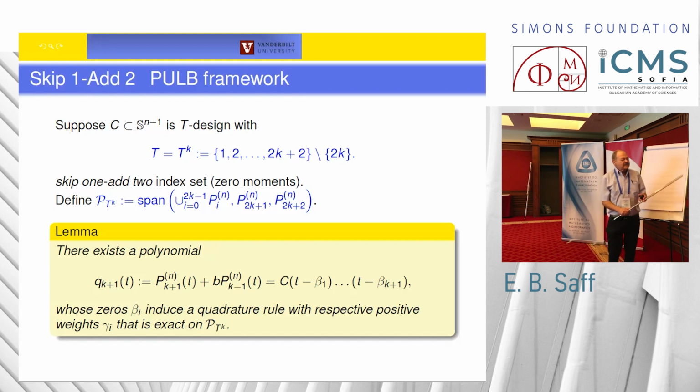So here, what is the challenge? We're dealing with a subspace of our Gegenbauer polynomials, so what we need is to find, so to speak, quadrature points. How are we going to do that?